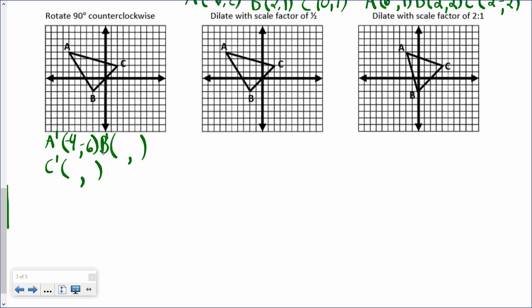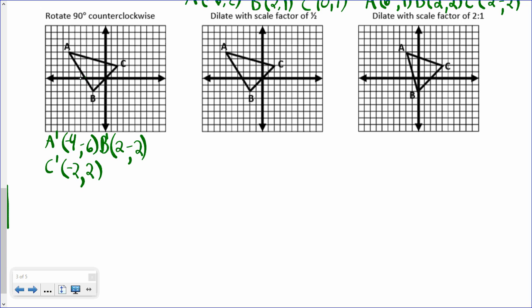We don't have to worry about the numbers. Oh, this is a positive. Alright? Did everybody get these points? Take a look at the board, please. Did everybody get those for your primes? Your image points?